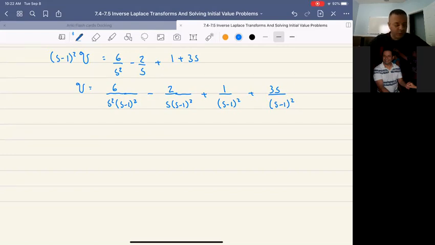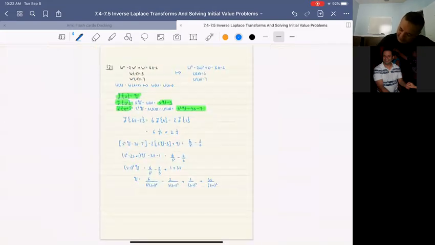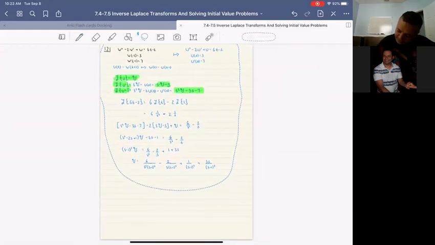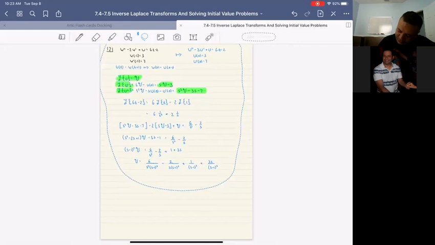Now we're going to put this all together under one big fraction. The reason is that it's going to make it easier to split it up. We're not going to be overdoing the inverse Laplace transforms.